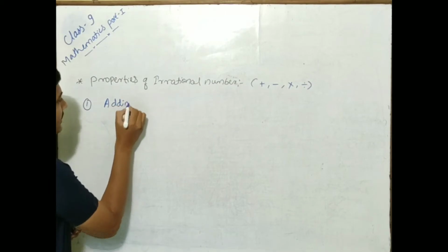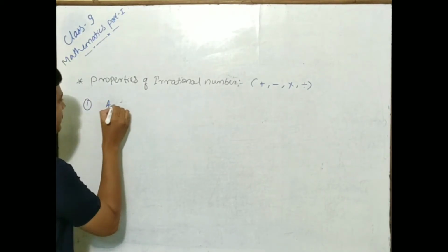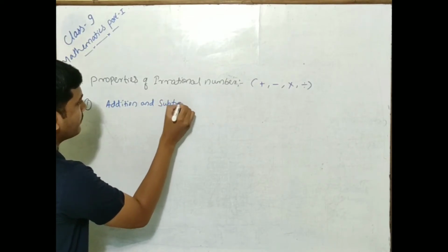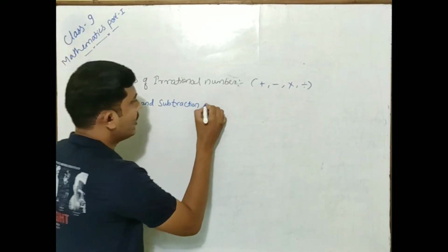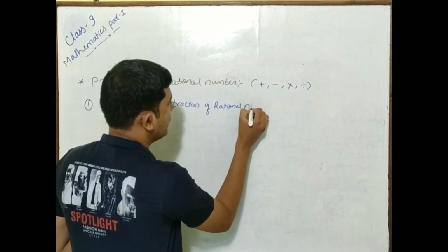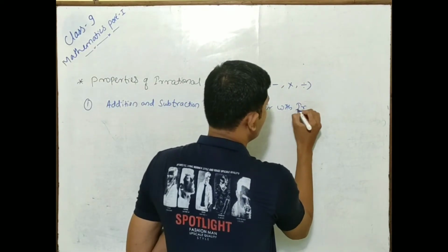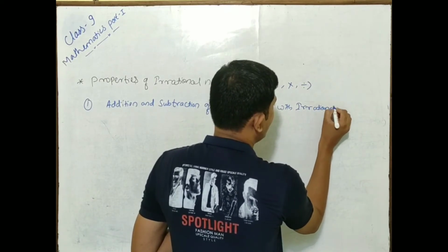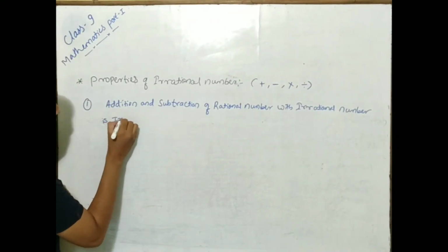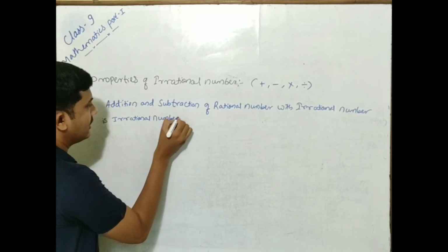Addition and subtraction of a rational number with an irrational number is an irrational number.